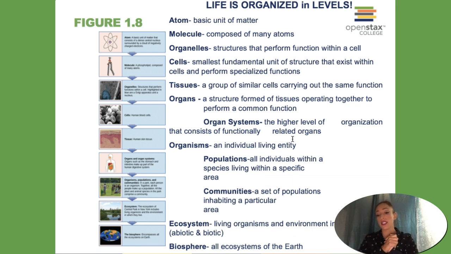Then you have communities, a set of populations inhabiting a particular area. An example would be a set of horses, a whole bunch of horses, and then a whole bunch of rabbits over here, all within, let's say, one farm. That's a community. Okay. Then an ecosystem: living organisms and the environment in which they live. So all the horses, all the rabbits, all in the farm. It's the living creatures and the non-living environment coexisting together, and the actual relations they have with one another.